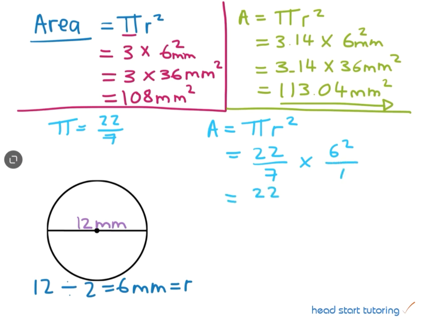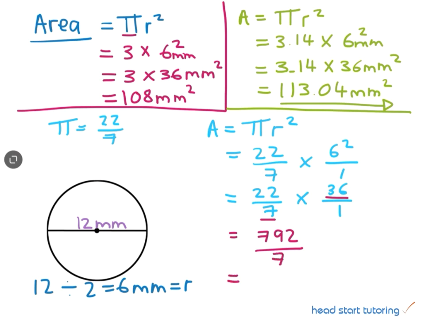And 22 over 7 multiplied by 36 over 1. We cannot simplify or cross cancel with our 7 and our 36, so we simply multiply our numerators together to get 792, and we multiply our denominators together to get 7 multiplied by 1 is 7.